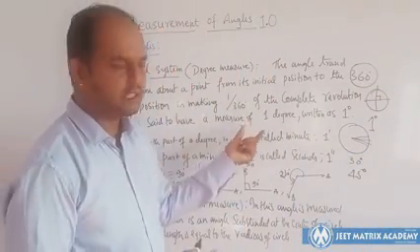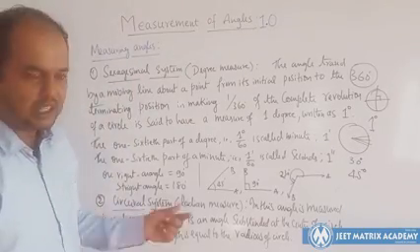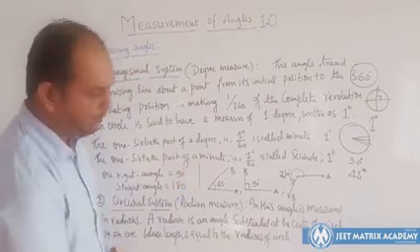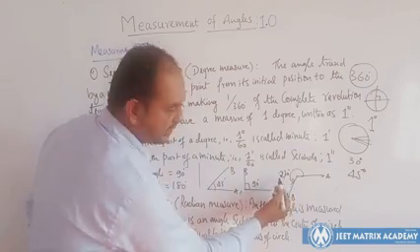This is what is meant by the sexagesimal system. These are a few examples: 45 degree, 90 degree, or 230 degree.